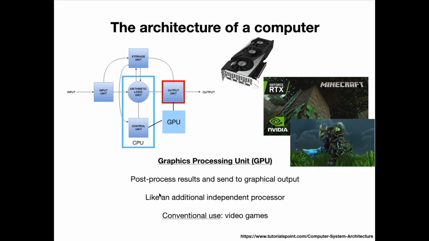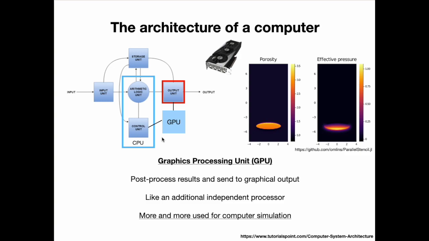So it's like an additional independent processor, and the conventional use of GPUs is to boost your computer for gaming. So I bet a lot of you have very powerful GPUs that they may use to play whatever, Minecraft or these kind of games.